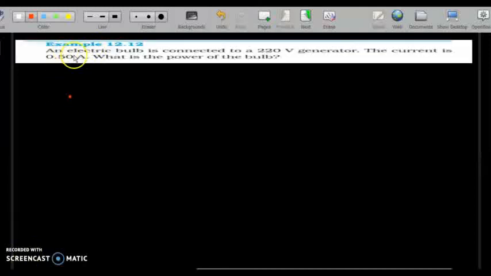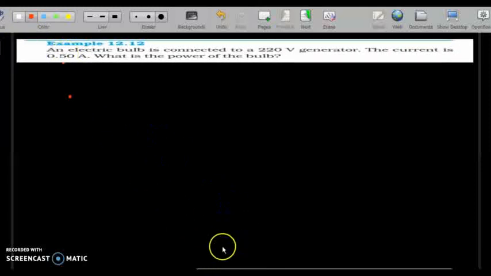Okay, we have come back, and we'll work now this problem. That is example 12.12. Electric bulb is connected to a 220 volt generator source, and the current is 0.5 ampere.